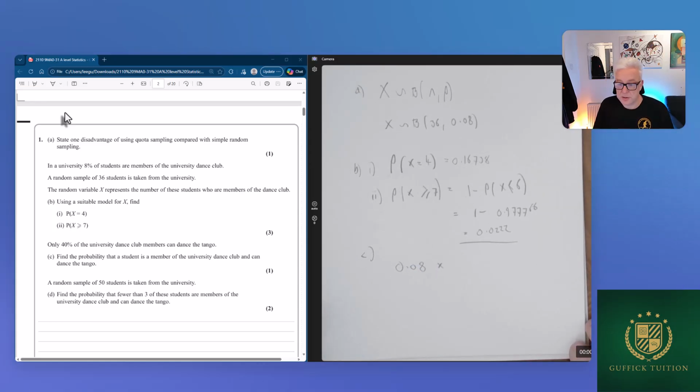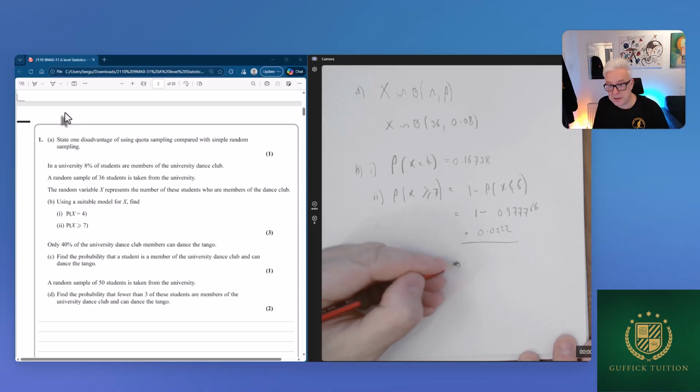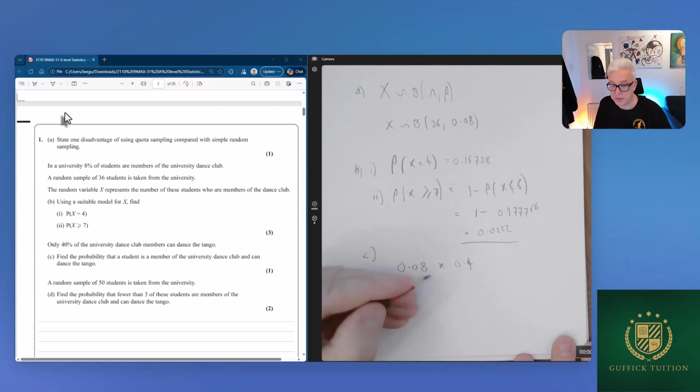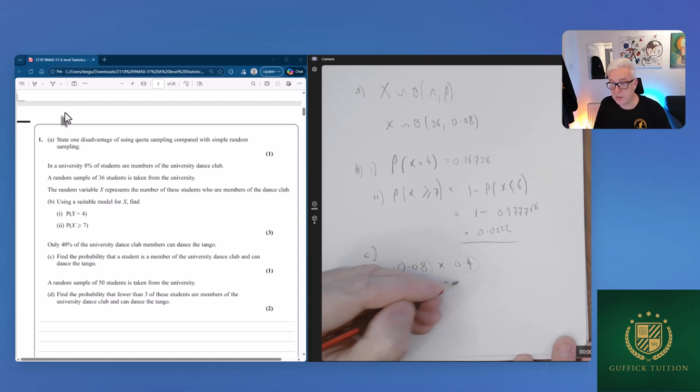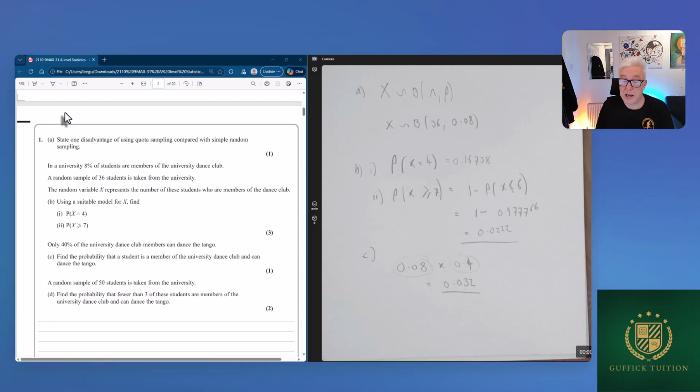So the probability of being in the dance club and being able to do the tango is going to be 0.08 times 0.4, because only 40% of the people in the dance club can do the tango. So when you work that out, it is 0.032. So that's the probability that you're in the dance club and you can do the tango.